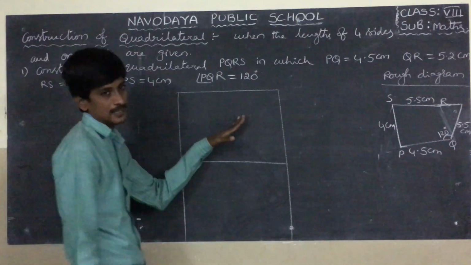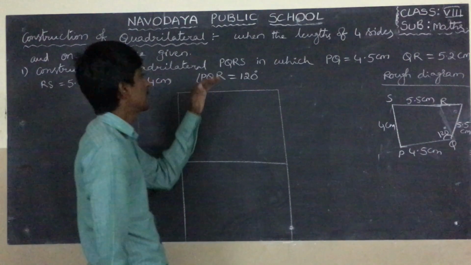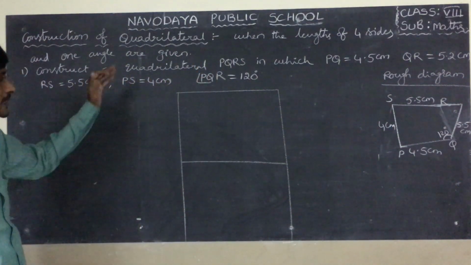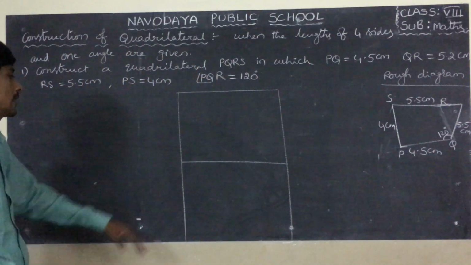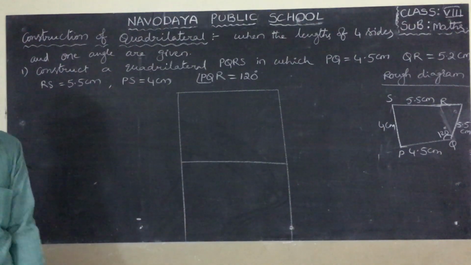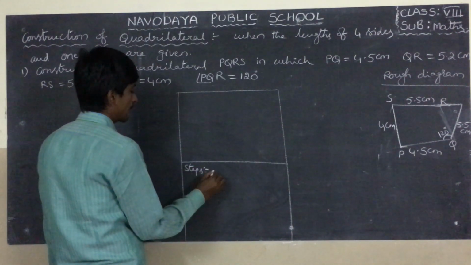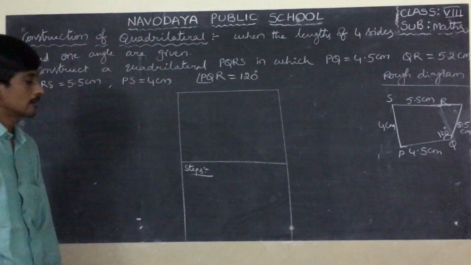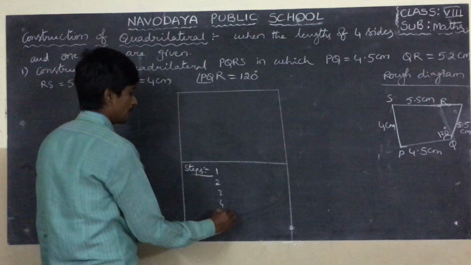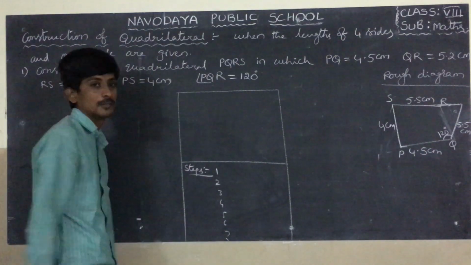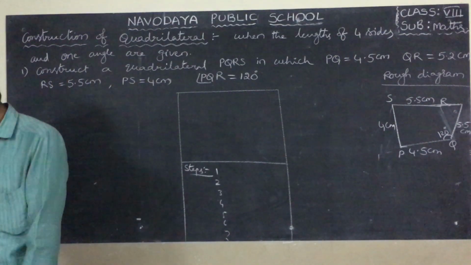In the upper part, you will construct the quadrilateral, and below you write the steps of construction. Okay, 1, 2, 3, 4, 5, 6, 7, and so on.